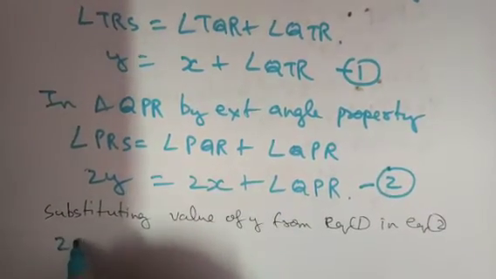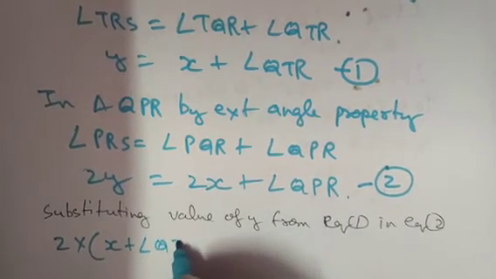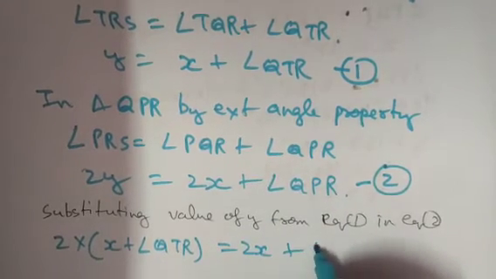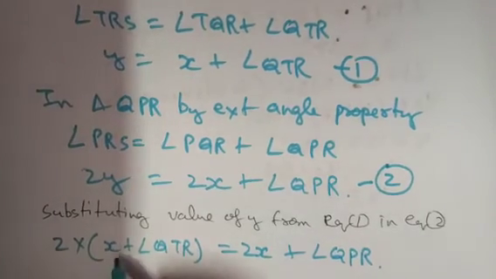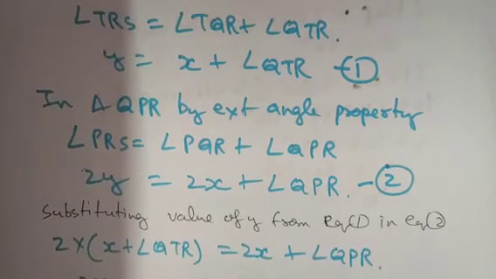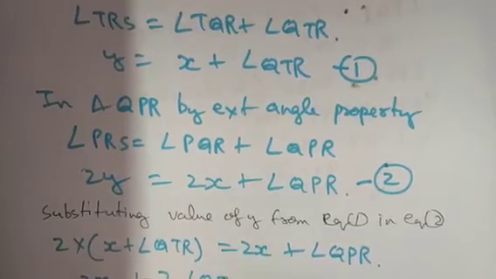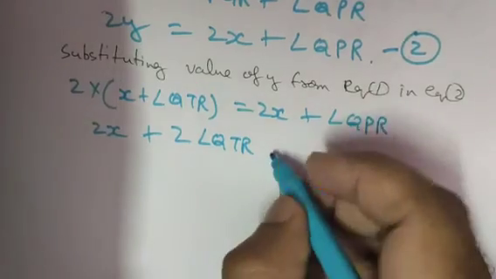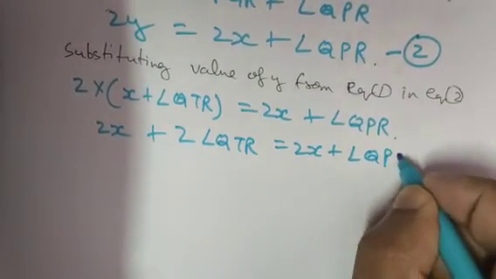So it will become 2 into, within brackets, x plus angle QTR equals 2x plus angle QPR. So it will be 2 multiplied by x, that is 2x, plus 2 times angle QTR equals 2x plus angle QPR.